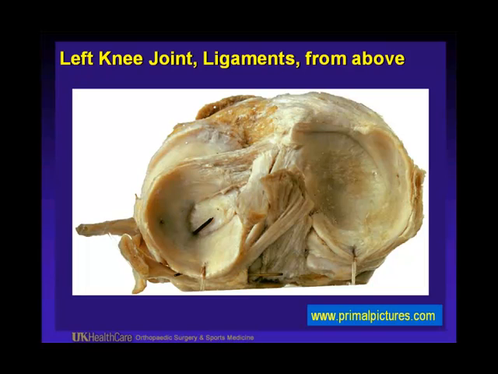Again, bird's eye view from the top. You can see the medial meniscus on the left. The intermeniscal ligament anteriorly connects the horns of the medial and lateral meniscus. You can see in this specimen the ligament of Risberg in the back and ligament of Humphrey more anteriorly.